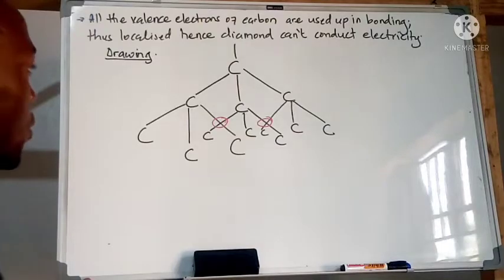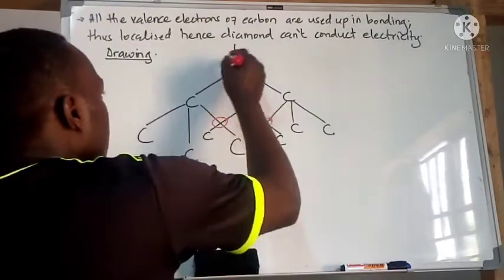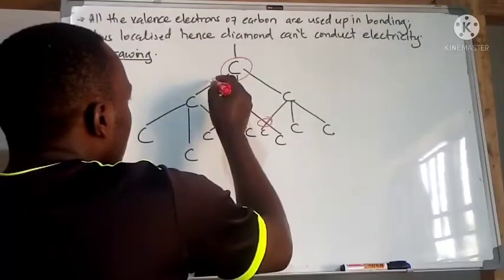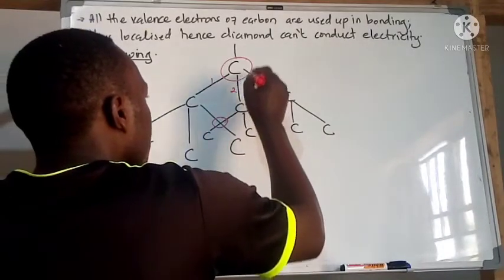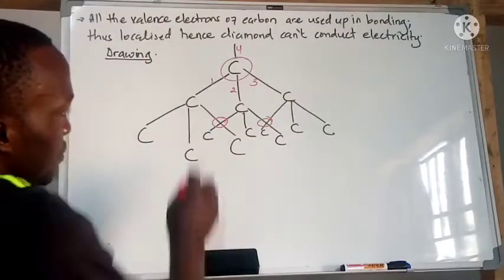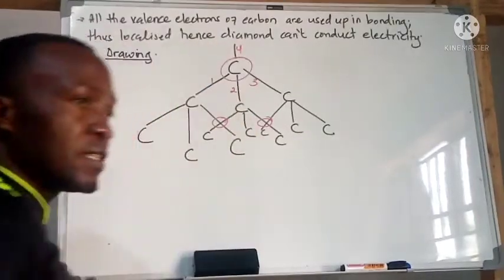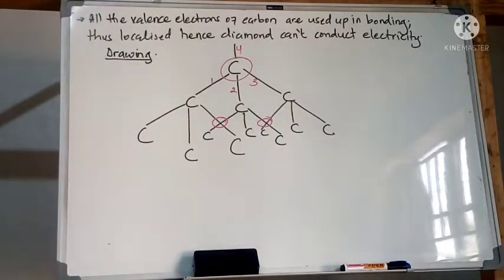Number 2, where each carbon atom is bonded to 4 other carbon atoms, 1, 2, 3, 4, such that all the valence electrons are used up in that bonding.